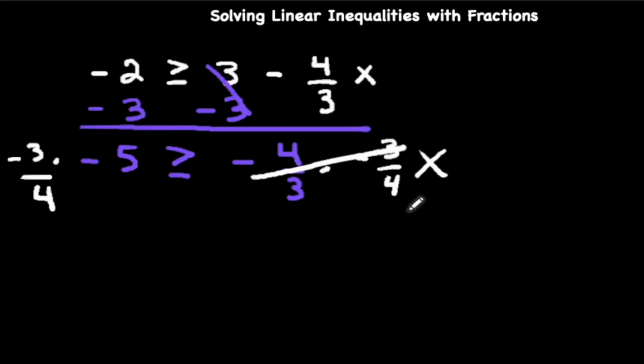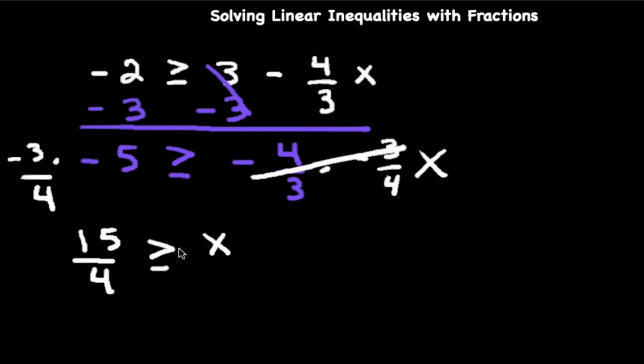So we've isolated the x, and let's go ahead and work out this side of the inequality of negative 3/4 times negative 5, which negative 3 times negative 5 is positive 15 over 4 is greater than or equal to x. Okay, so now we can go ahead and switch the variable to where it's on the left side.